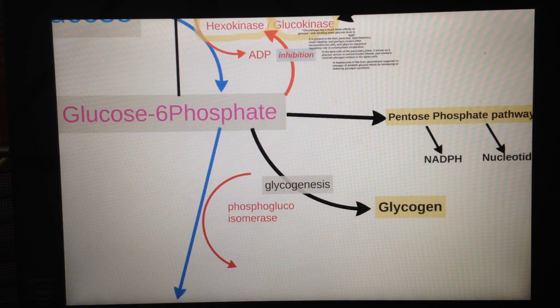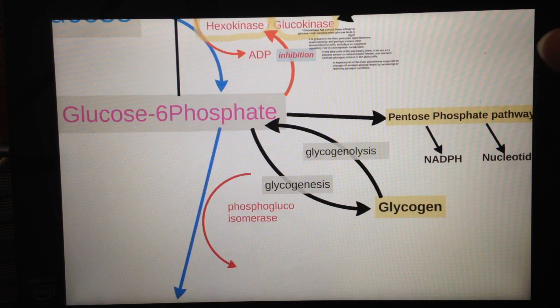It also serves as a pathway towards glycogen and back from glycogen to glucose 6-phosphate. So glycogenesis and glycogenolysis, both ways. We can say that glycogen enters the glycolysis pathway by the glucose 6-phosphate.